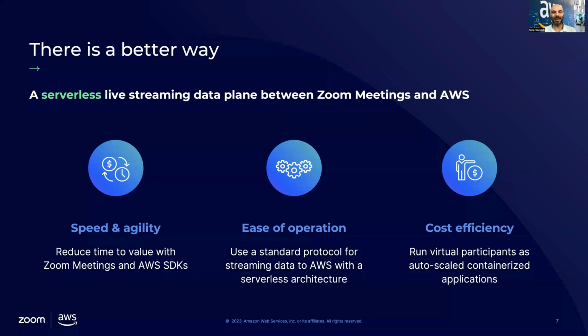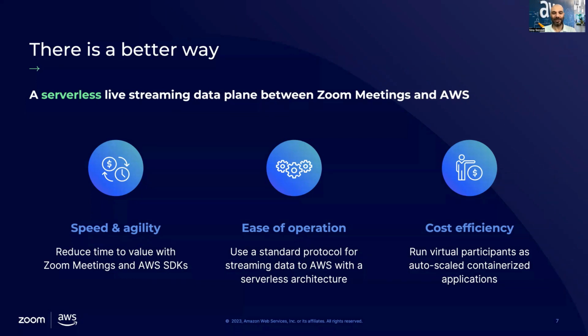We set ourselves up for a challenge with Zoom to create a serverless architecture and sample solution on AWS. We kept 3 goals in mind to really help developers. First was removing as much friction as possible for the developers so you can get products shipped to market as fast as possible. Next was ease of operations. It doesn't matter how fast you can build it.